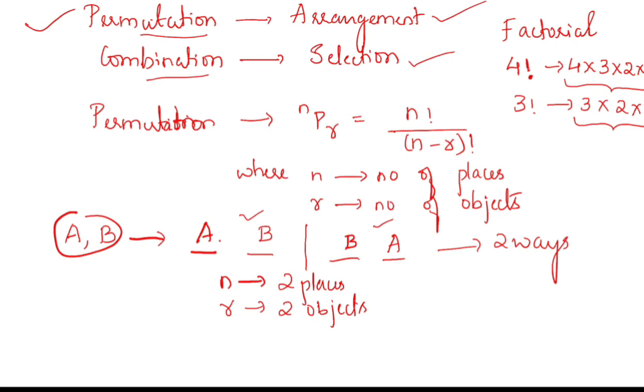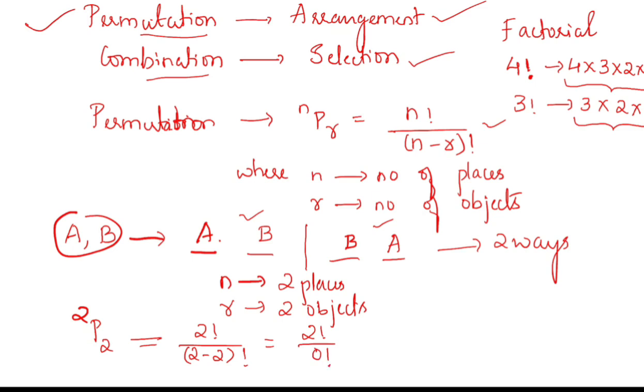Now when we use the formula, how do we get this? n is 2 places and r is also 2 objects, so 2P2, which is 2 factorial divided by (2 minus 2) factorial, which is 0 factorial.